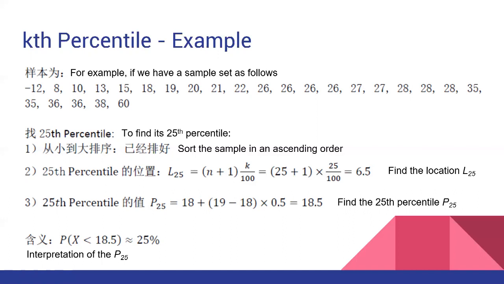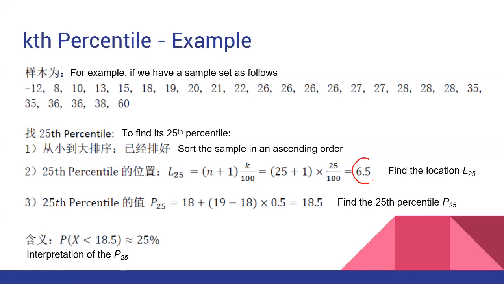As the second step, we need to find the location L25. L25 is (n plus 1) times k divided by 100, because here k is 25. So L25 is calculated to be 6.5.